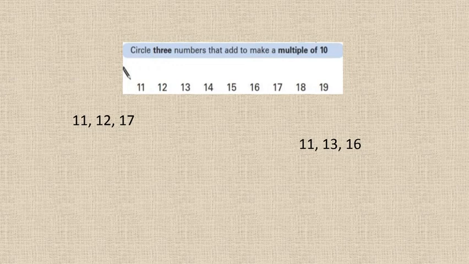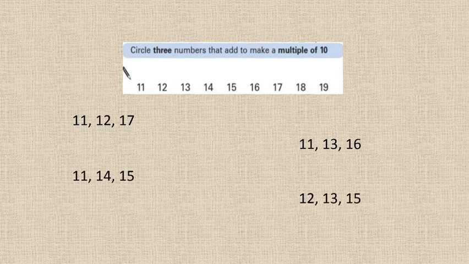For the third one, you can choose 11 and 14, which makes 25. So I need a number ending in 5, for example 15. So 11 plus 14 is 25, plus 15 equals 40, which ends in 0, so it's a multiple of 10 again. Another answer, for example, is 12, 13, and 15, and so on.